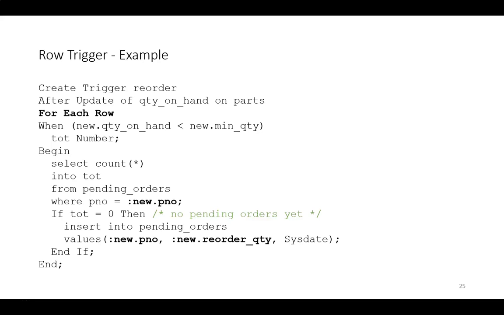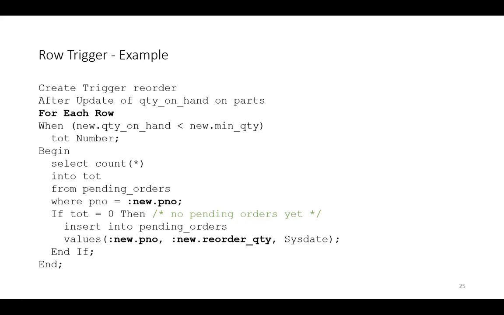And if that execution results in violating a business rule, the trigger hasn't done its job. So what the trigger needs to do is to prevent that DML processing from completing. So what we'll do is throw an exception or raise an error. That will cause the trigger to fail and also cause the triggering event, the DML operation, to fail. An error would be returned to the application that issued the DML operation.